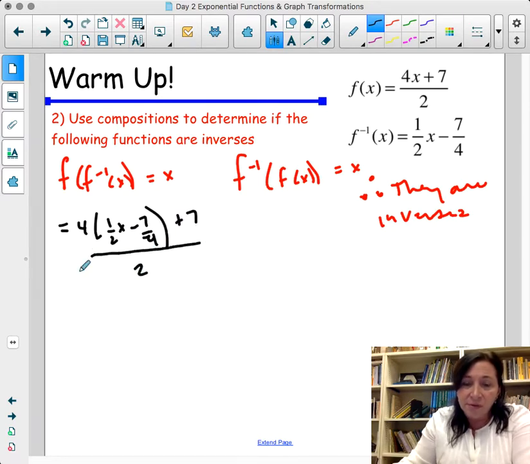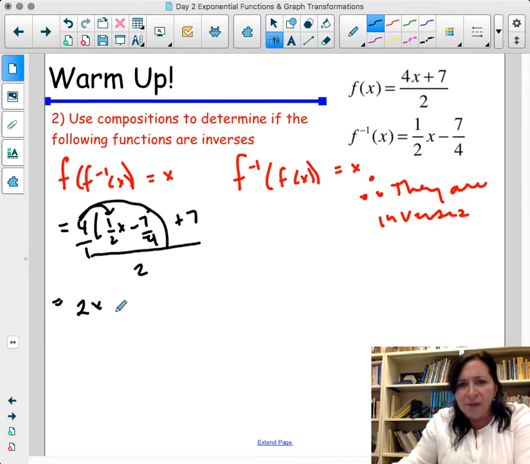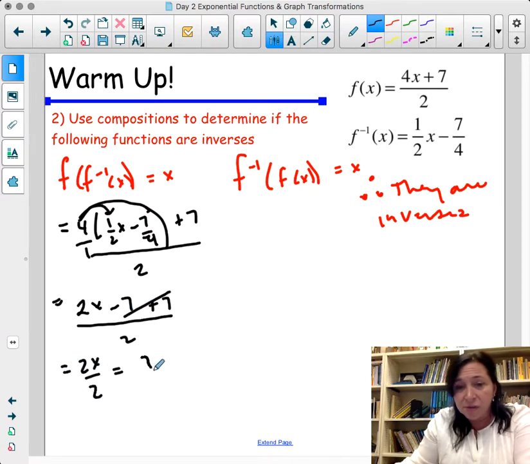Okay, so let's do some simplifying here. 4 times 1/2 is 2x. And then 4 times that, remember the 4 is over 1, 4 times that is going to be minus 7. And then I have plus 7, and this is all over 2. The minus 7 and plus 7 do cancel, and I end up getting 2x over 2, which is just x, which is what we wanted.